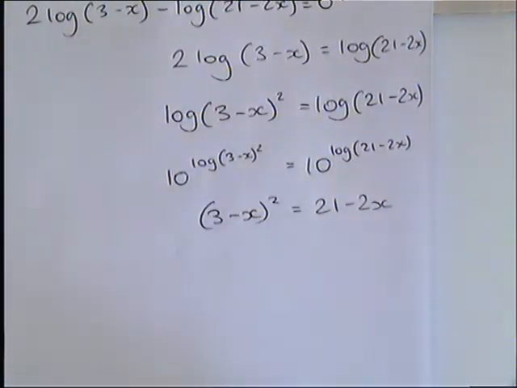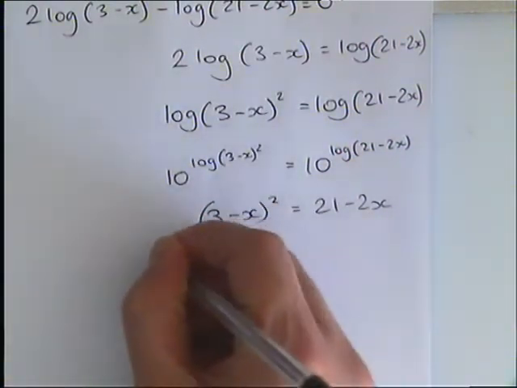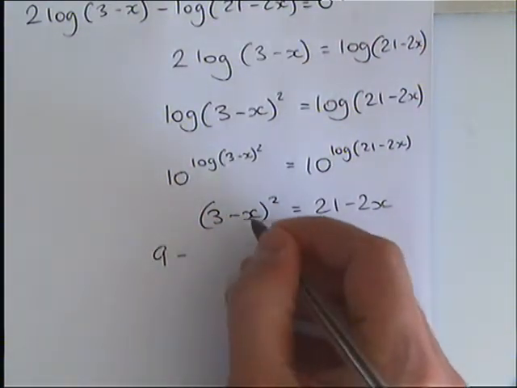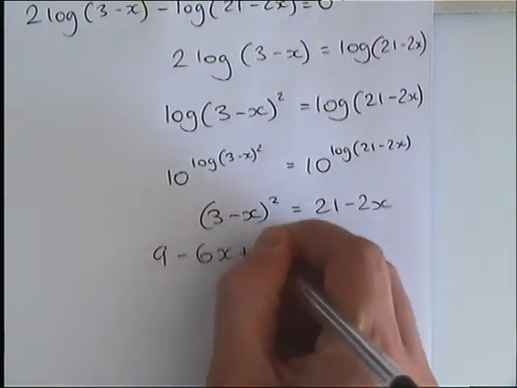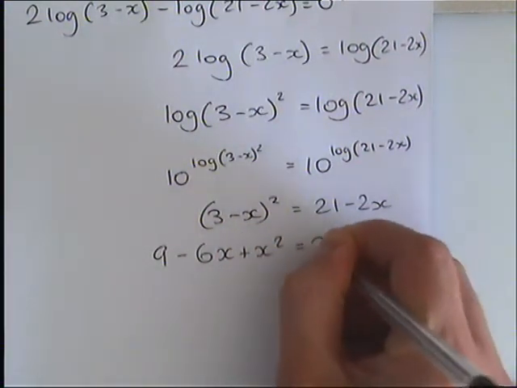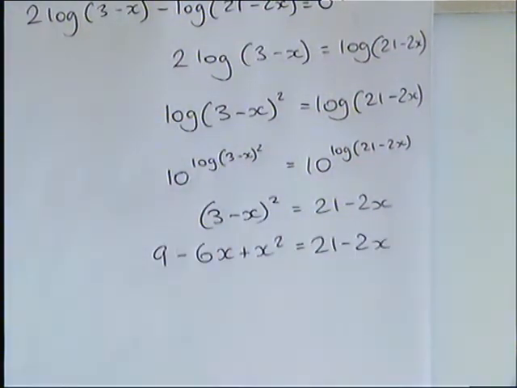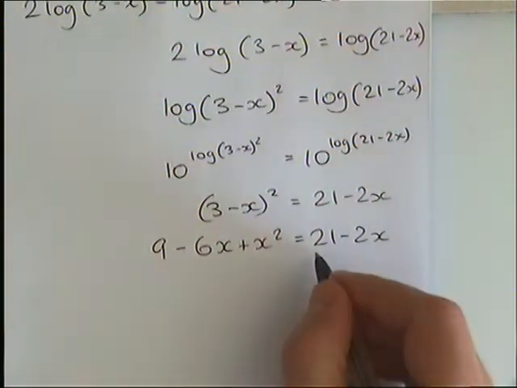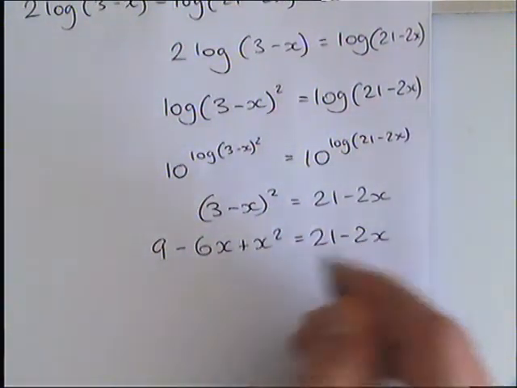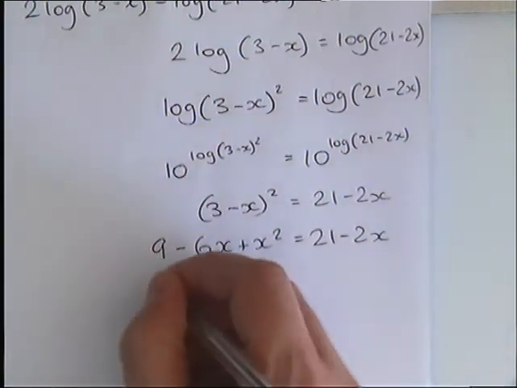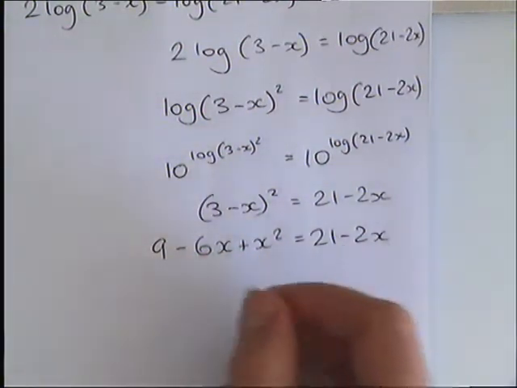This is going to be a simple quadratic equation that we're going to write in the correct form. So I'll just expand that bracket: 9 minus 6x plus x squared. And I'm going to take these two terms and pop them on the left-hand side. So I'm going to add 2x and take away the 21.